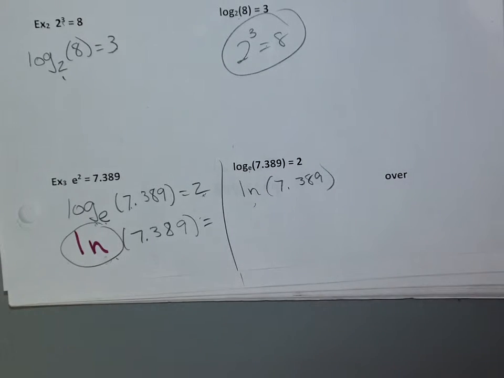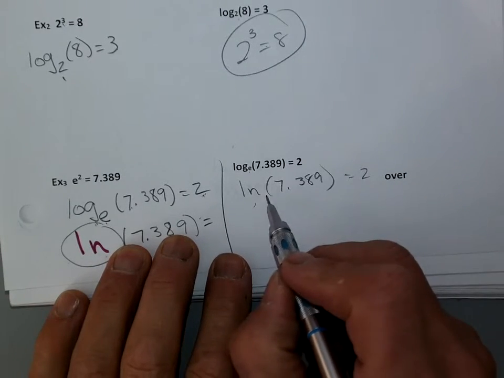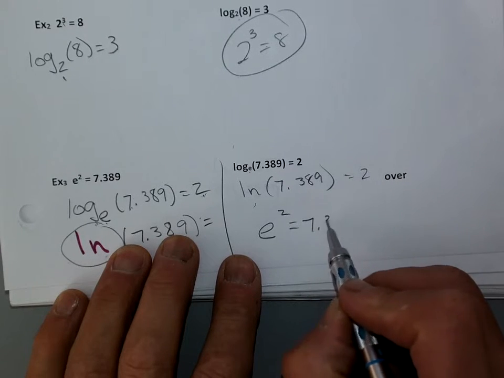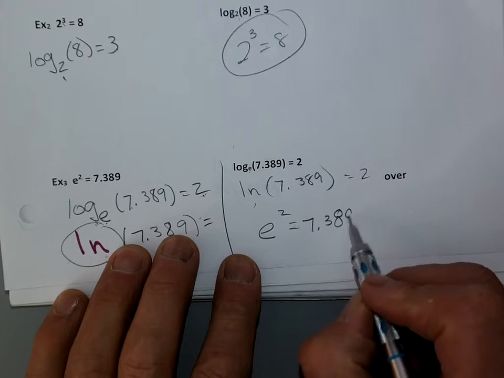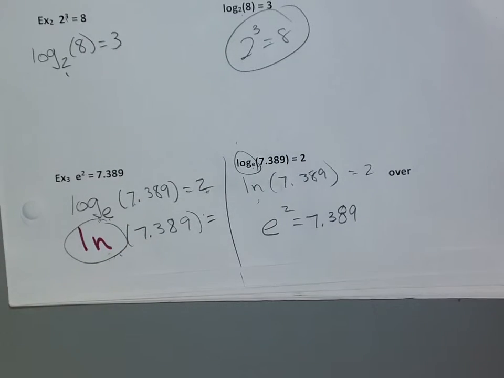Then if we rewrite this, my base is an invisible e, e to the 2 equals 7.389, because ln really means log of base e. Thumbs up so far? Good. It's not hard, is it? As long as you can transpose it from one form to the other, you're going to be in good shape today. All right, let's take a look at the back.